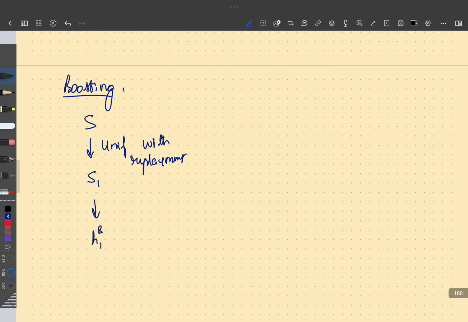Okay. Now in bagging, what would you do next? You would again sample uniformly with replacement from S to get S2.